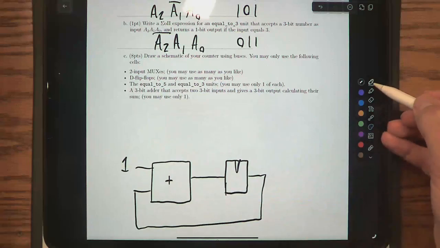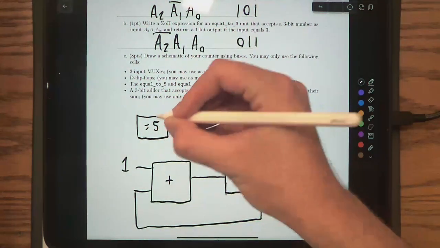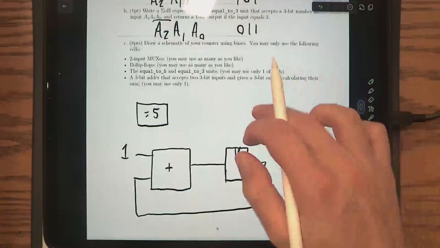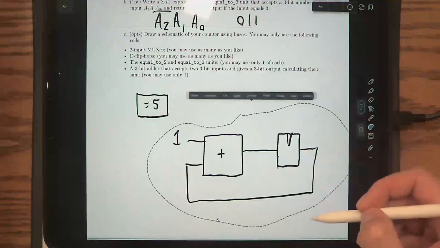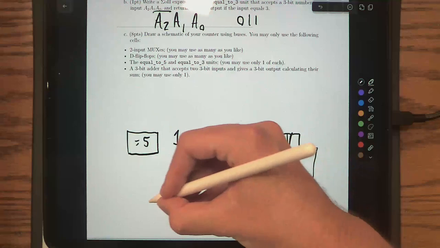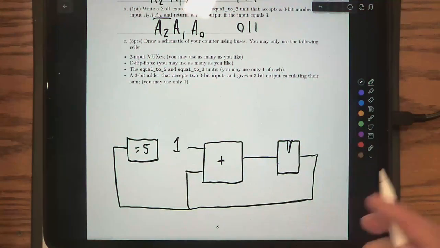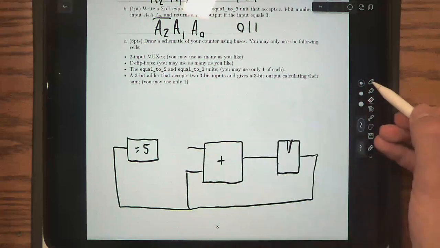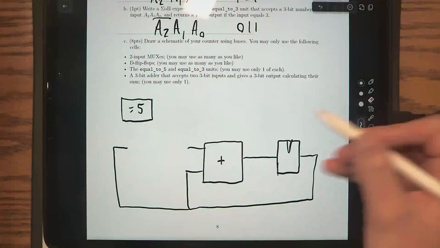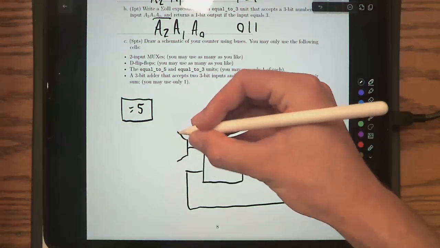If we feed the value out of this flip-flop into this equals 5 unit, then maybe we can put that into a mux, as someone said. So maybe the mux goes into this input to this counter right here.